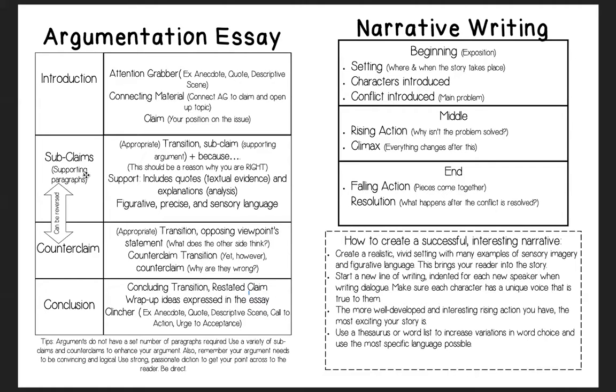So you should have a hook, supporting evidence, and thesis. Then when we move into your second paragraph, you're gonna have your next topic. So it would be topic 1. And then, so you always wanna have a transition. Does everybody know what transition words are?